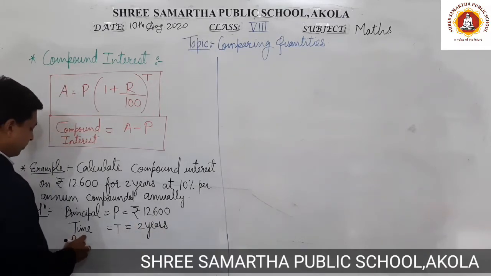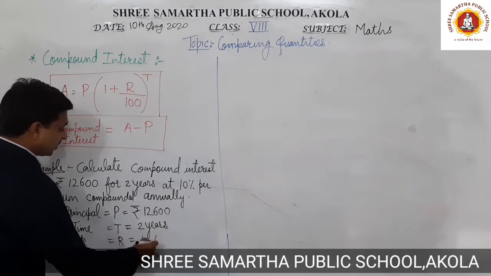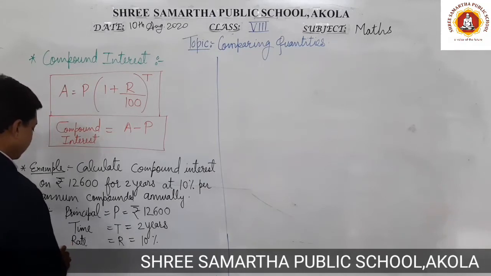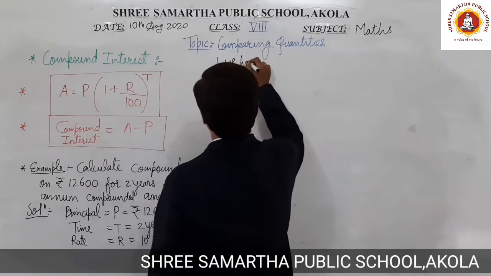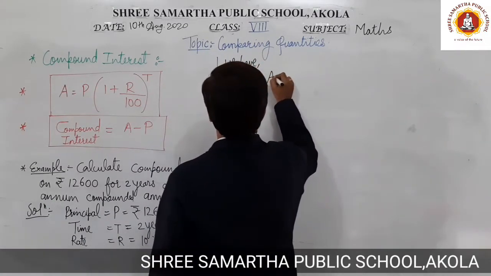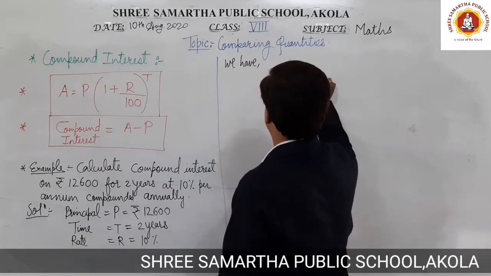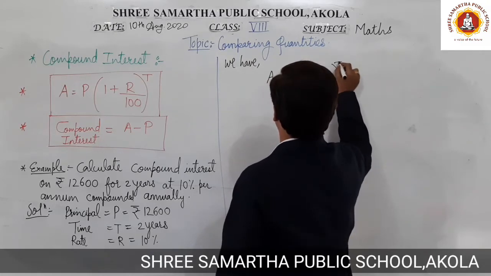Rate given R is equal to 10%. To find compound interest, we will first calculate the amount. Now we have amount is equal to P in bracket 1 plus R by 100 raised to the power T.